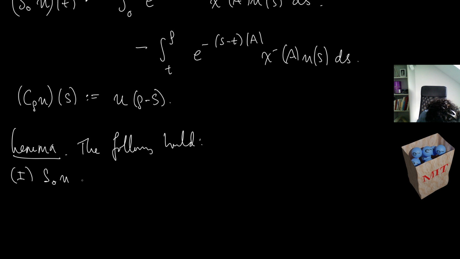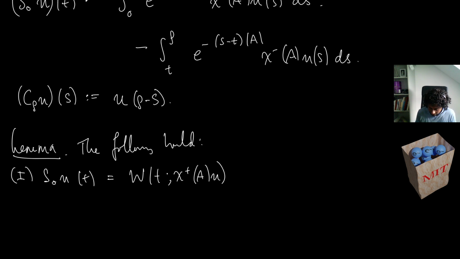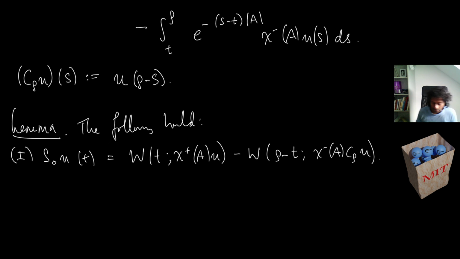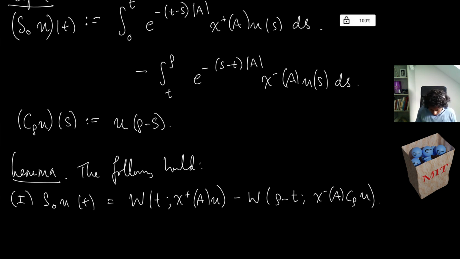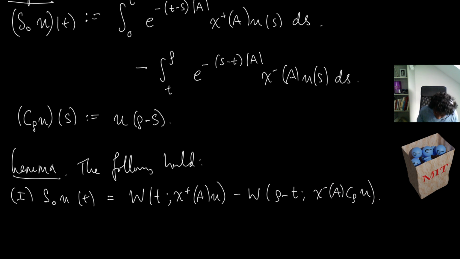S naught u of t is equal to W, the generator of solutions of the inhomogeneous problem for chi plus of A, minus the corresponding term for rho minus t with chi minus of A applied to C rho applied to u. It's obvious that that's true, but let's write it.